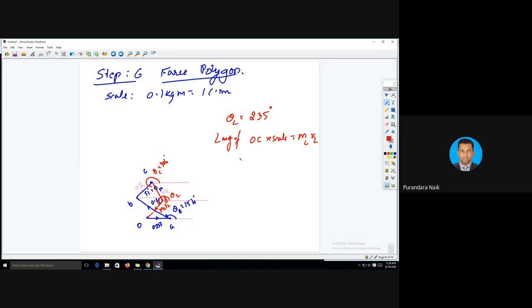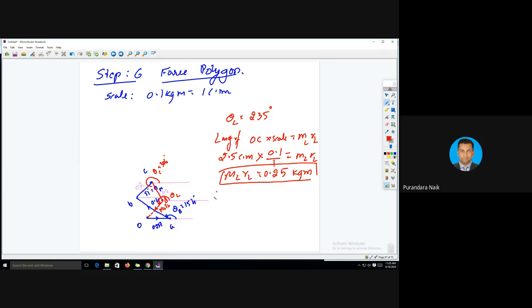The length of OD I'm getting is around 2.5 centimeter. You check your length, you may not get the same. Scale is 1 centimeter is equal to 0.1, so 2.5 centimeter into 0.1 is equal to MLRL. MLRL is equal to 0.25 kg meter.